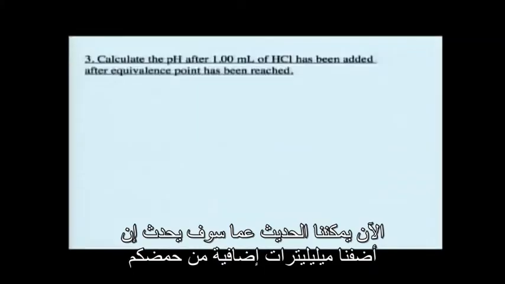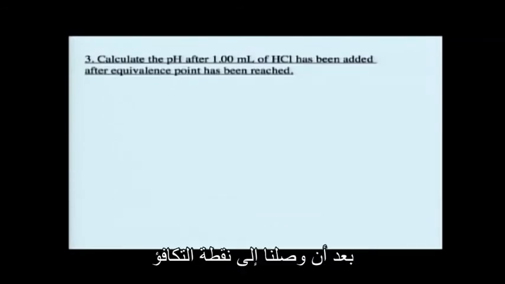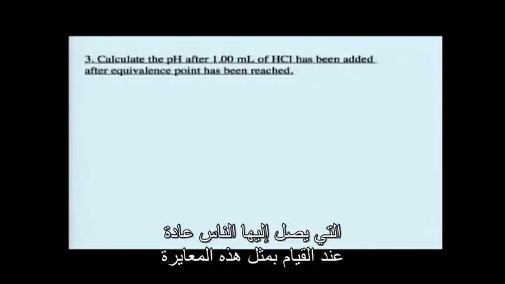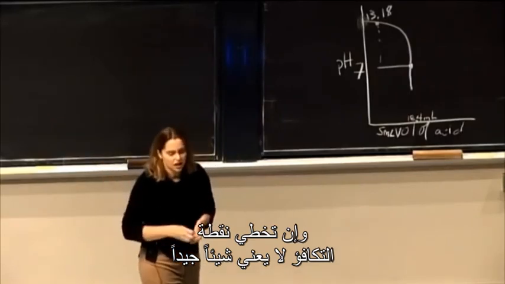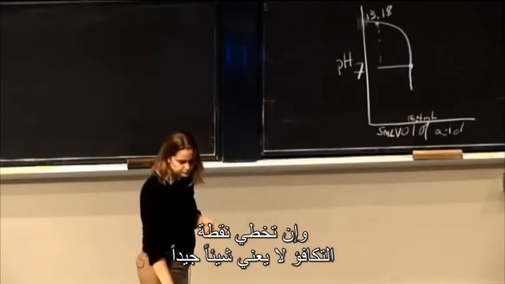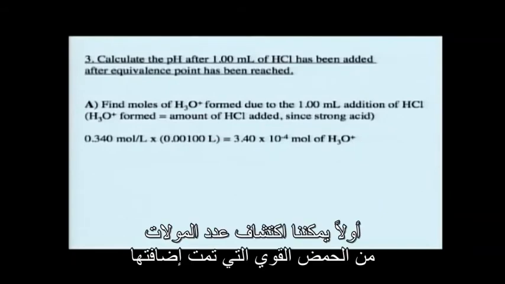So now we can talk about what happens if you add an extra milliliter of your acid after you've reached that equivalence point, which is something that people have probably done in these titrations, not meaning to, going well beyond the equivalence point. First we can find the number of moles of the strong acid that we've added extra.